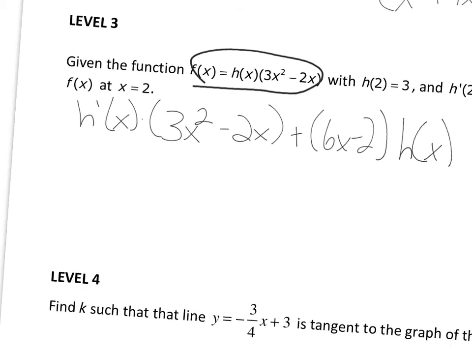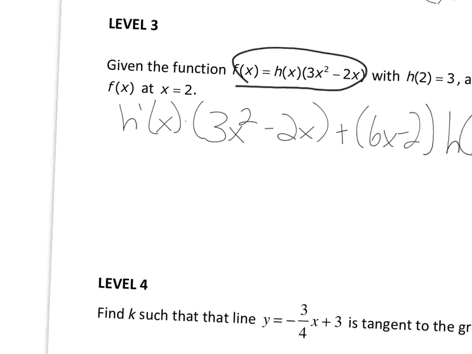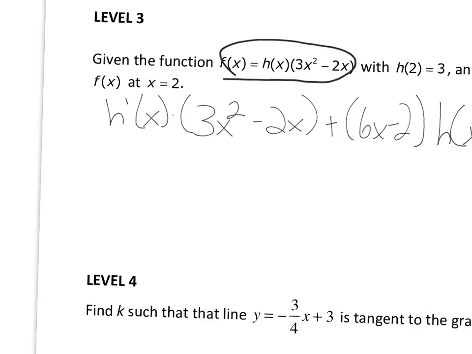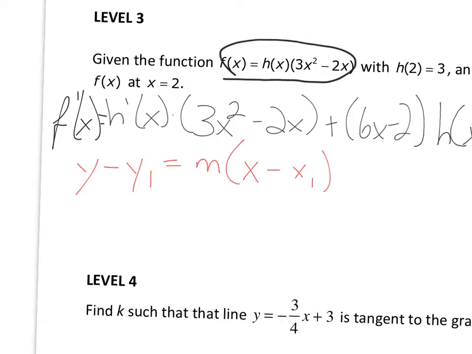Now, I want the tangent line. One of the concepts I have to get in my head really quickly is that when making a line, I need the following information: a y-coordinate, a slope, and an x-coordinate. My slope is going to come from the derivative.